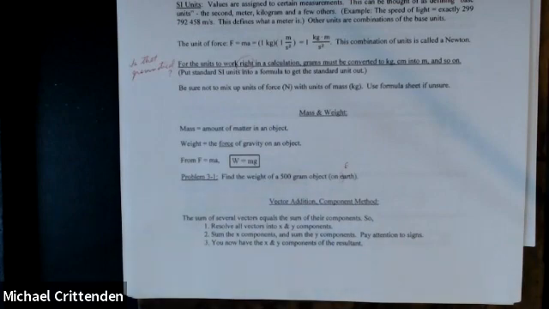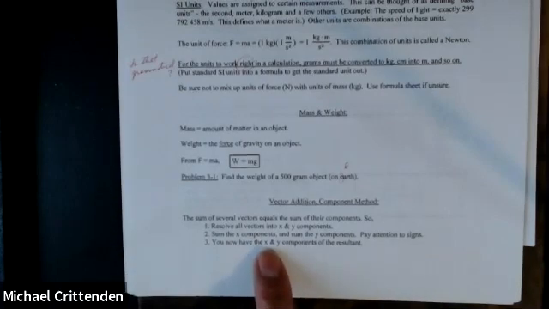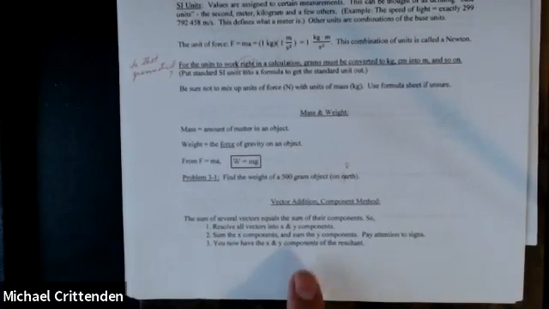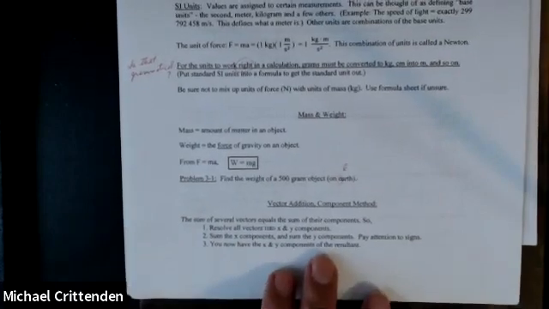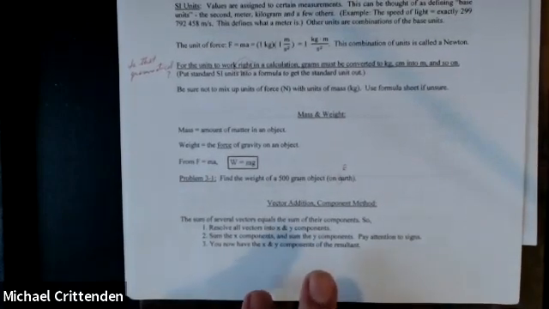The conventional way of doing it is anything to the right is positive, anything to the left is negative. Anything up is positive, anything down is negative. So when you add up all the x components, the total that you get is the x component of the resultant. When you add up all the y components, their total is the y component of the resultant.